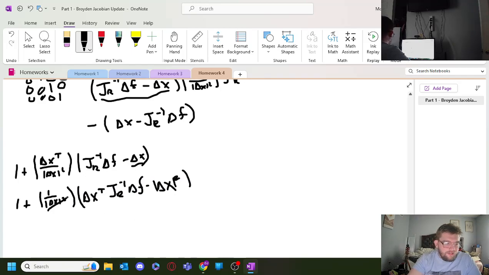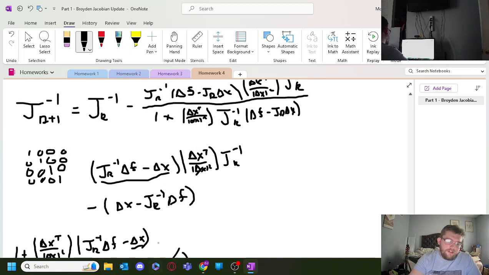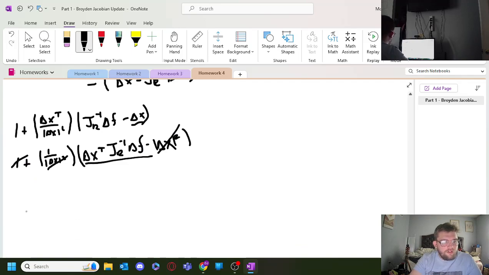So in reality, this is gone, and this is gone, leaving us just that. And then this is gone. So our denominator is the delta x transpose, the original inverse Jacobian, multiplied by the change in function value.